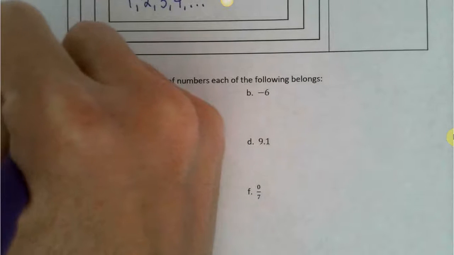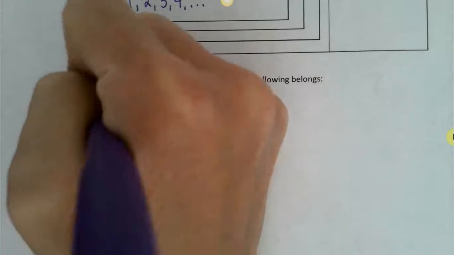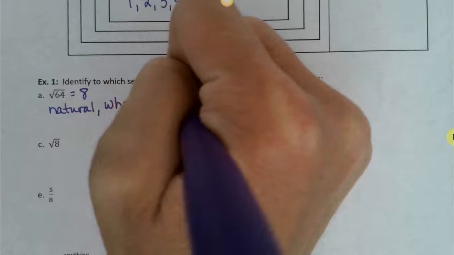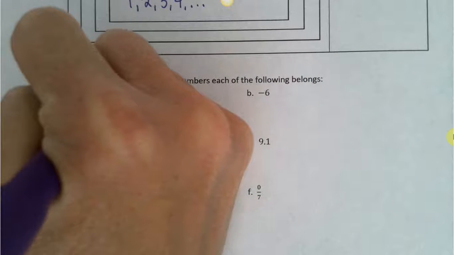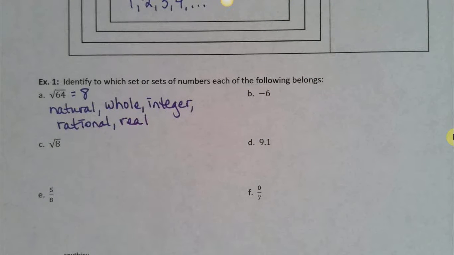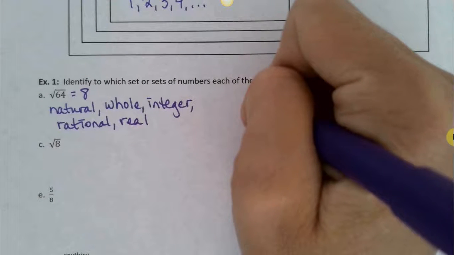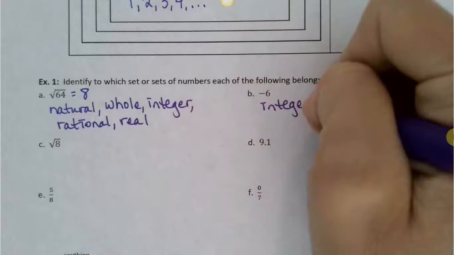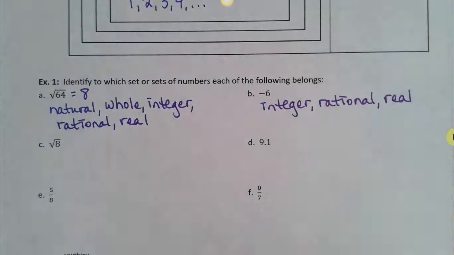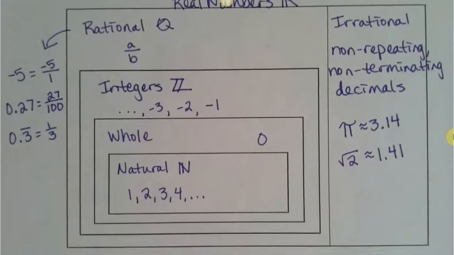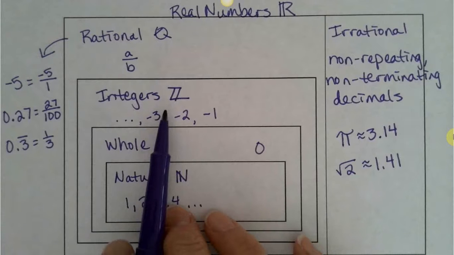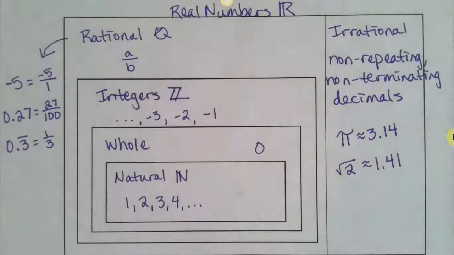So that makes it a natural number, and a whole number, and an integer, and a rational number, and also a real number. -6 is an integer, which also makes it a rational number and a real number. And notice the way that our boxes are set up, once we identify a number as being in one of the inside boxes, it's going to be in every layer from there on out.